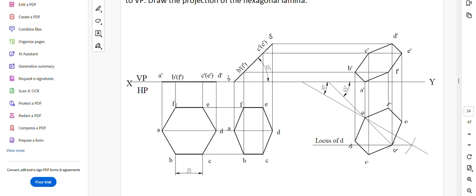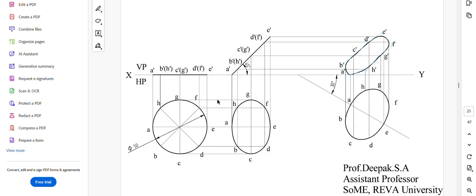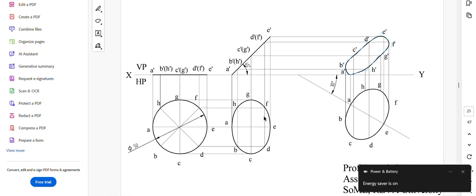Okay, and the fifth one is a hexagon. So when inclined to 45 degree, it shrinks, and then you need to draw the beta angle problem. Similarly, the circular lamina, again 45 degree, it is going to shrink. Okay, next it will be not a beta angle problem.